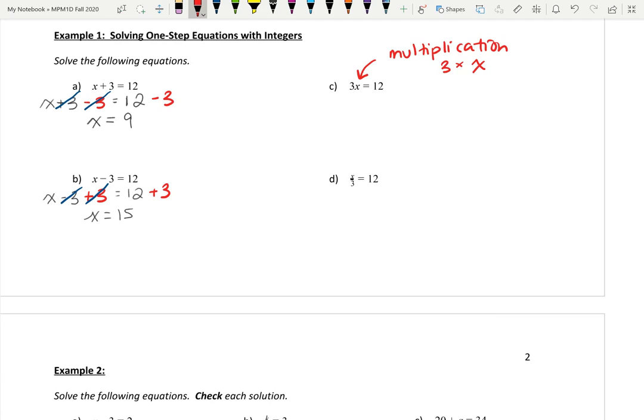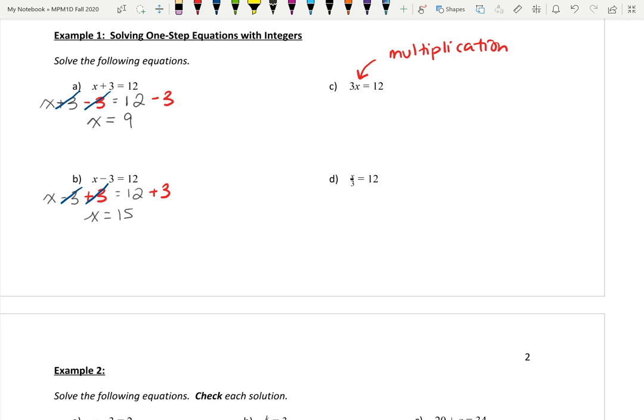But remember, we don't really use the multiplication sign x anymore because it looks really confusing beside our variable x. This looks like 3xx, which is not clear at all. So instead, we just eliminate that multiplication sign. We just write 3x, so we understand that means multiplication. So 3 times x is equal to 12.